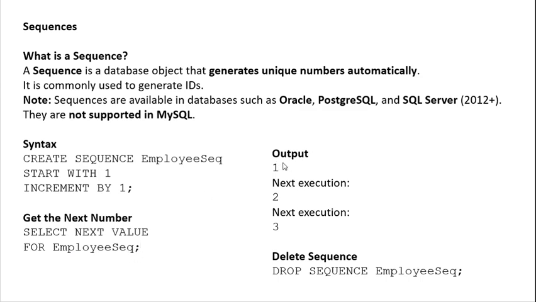The output is that the first time, 1 is printed, the next execution shows 2, and the third execution shows 3. To delete the sequence, write DROP SEQUENCE, and the sequence name is employee_sequence, and the semicolon.